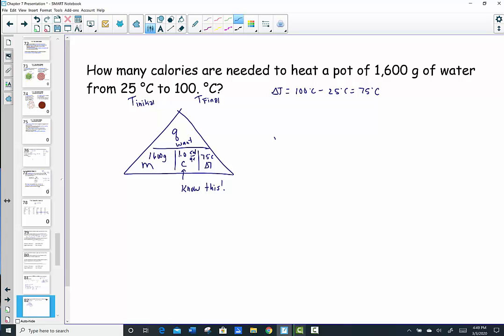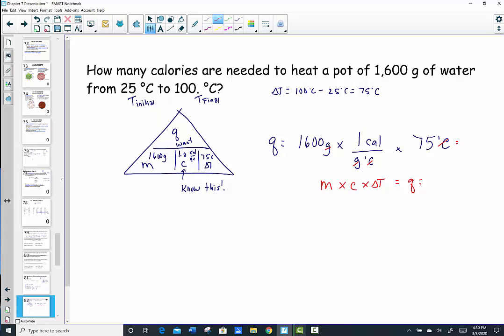So I want to know Q. I'm going to find that by multiplying M times C times delta T. 1,600 grams times 1 calorie per gram degree Celsius times our delta T, which was 75. Notice how grams canceled? Do you notice how Celsius canceled? And when we multiply M times C times delta T, you found Q. And Q comes out to be calories of energy.